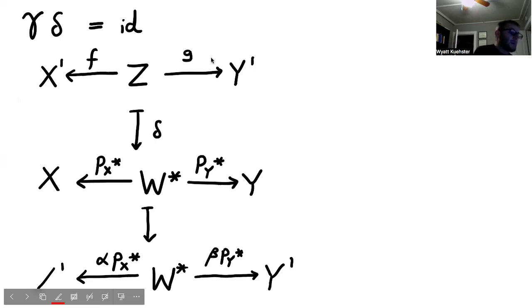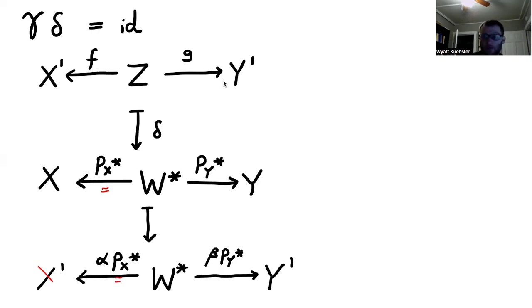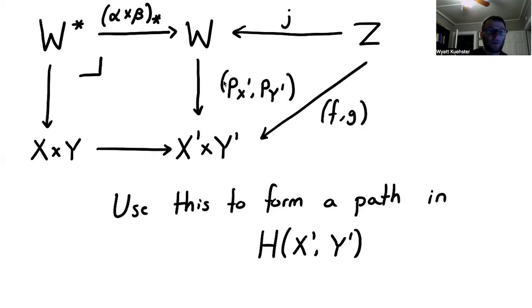So let's start with an x prime y prime cocycle. Apply delta, I get this pullback square, something with weak equivalence. I just apply alpha on one side and beta on the other side, and I get this x prime y prime cocycle. I have to show it's in the same path component as the original f comma g, because I want it to be the identity on path components of x prime y prime.